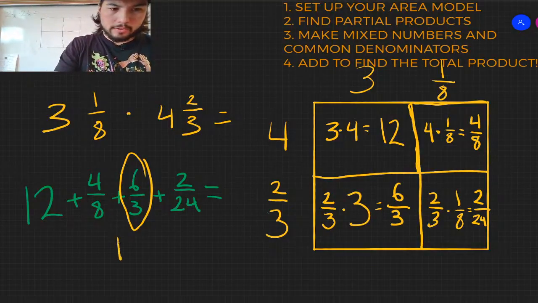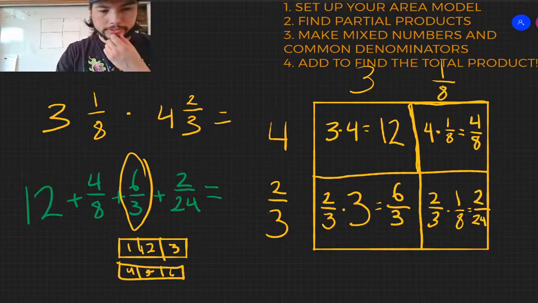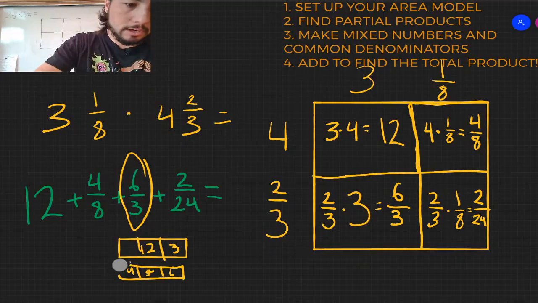if I draw it out here, there's 3/3. 1, 2, 3, 4, 5, 6/3. Well, that just equals 2 wholes, right?